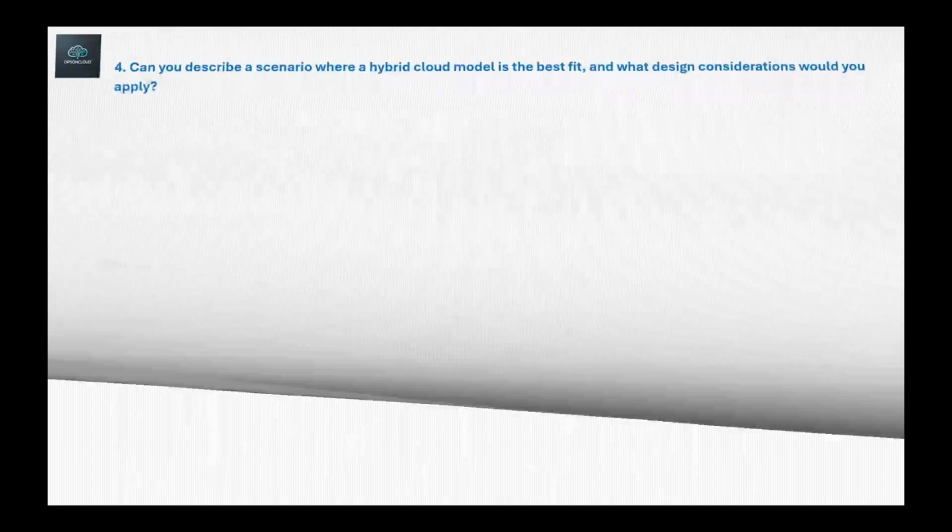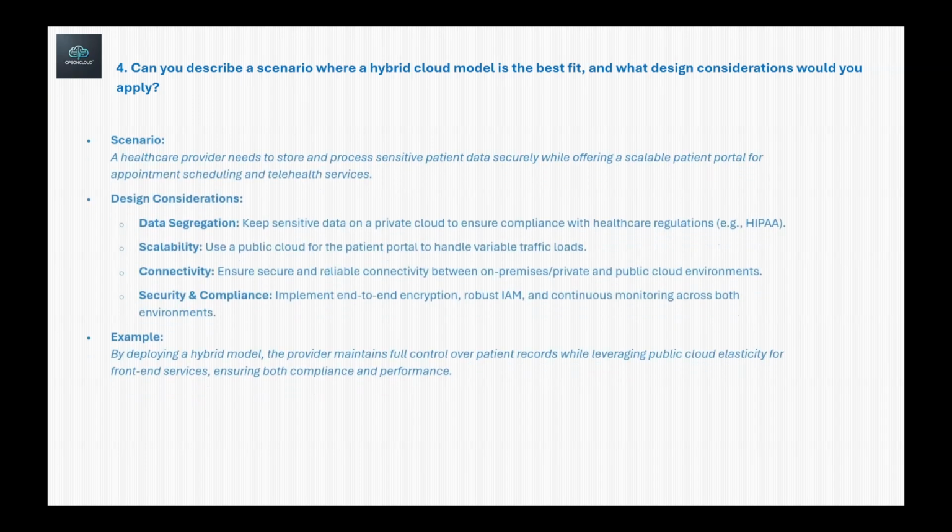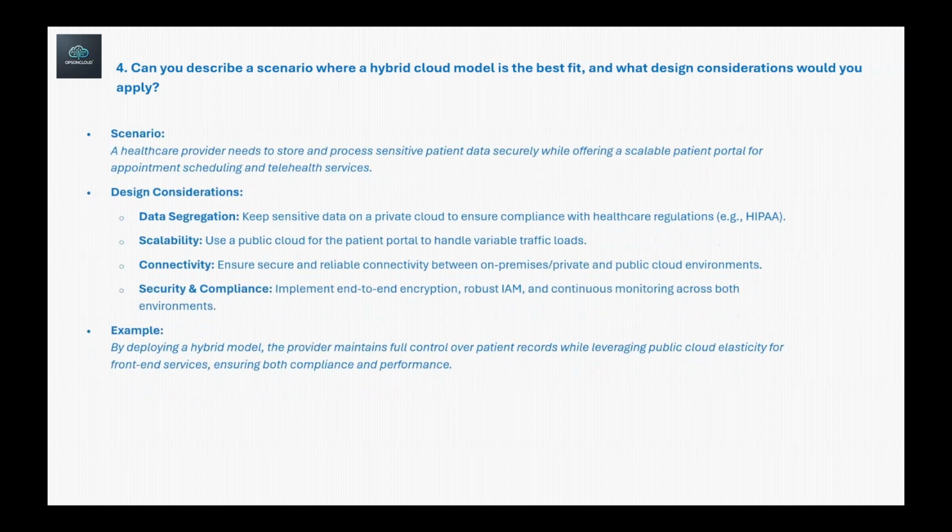Next question. Can you describe a scenario where a hybrid cloud model is the best fit, and what design considerations would you apply? The scenario is something like this. A healthcare provider needs to store and process sensitive patient data securely while offering a scalable patient portal for appointment scheduling and telehealth services.